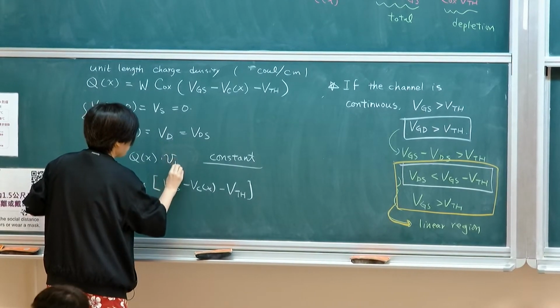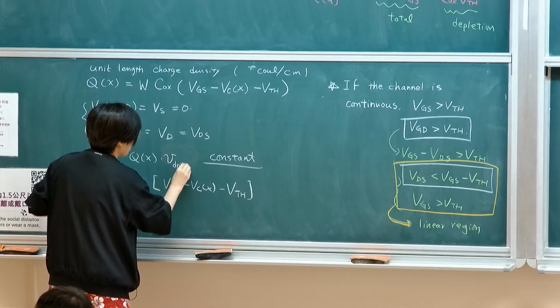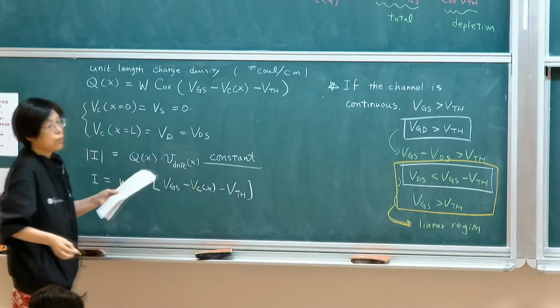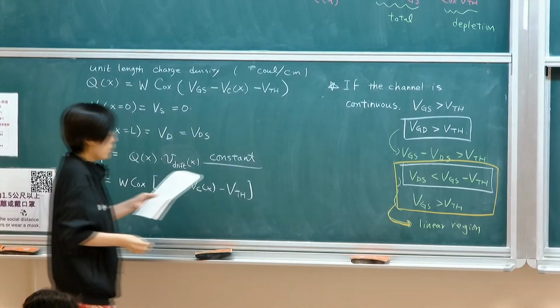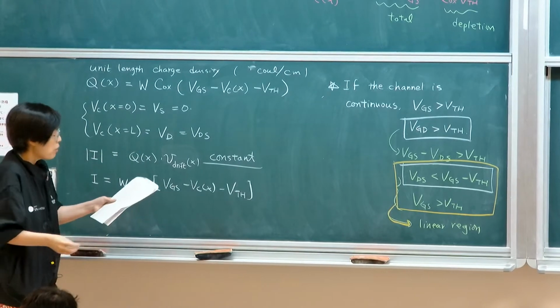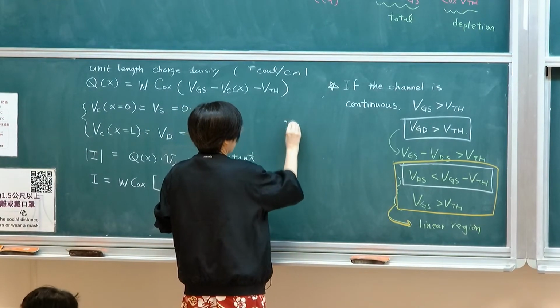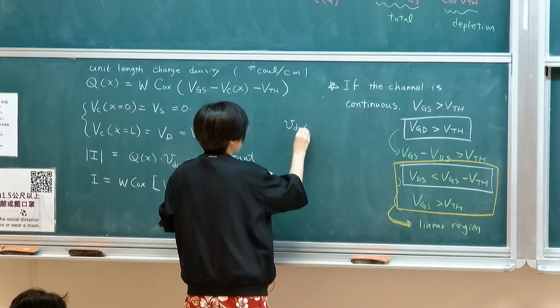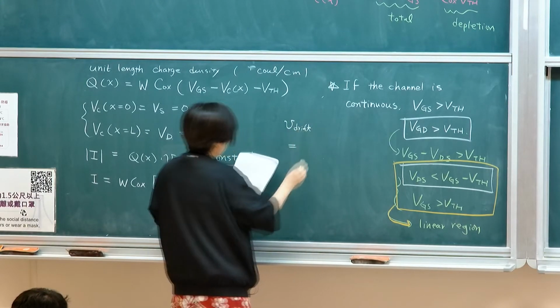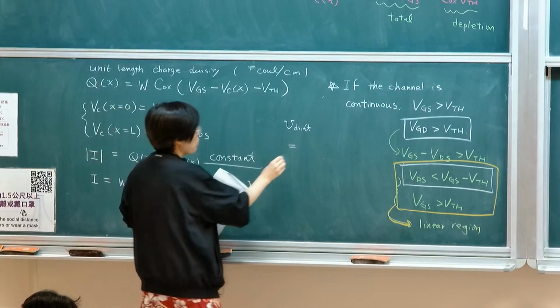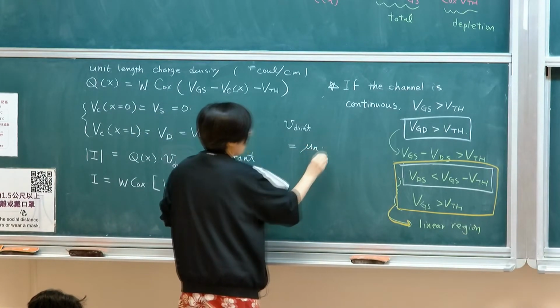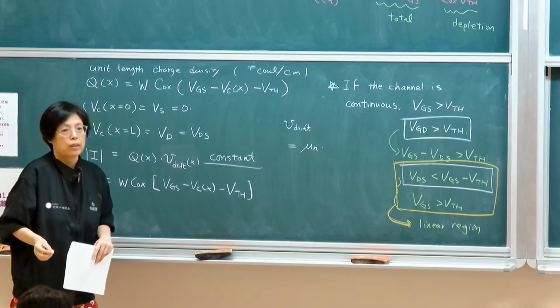Just to be precise, this is the drift velocity at a particular location. So the drift velocity, let me write down V drift, should equal mobility times what? Electric field.